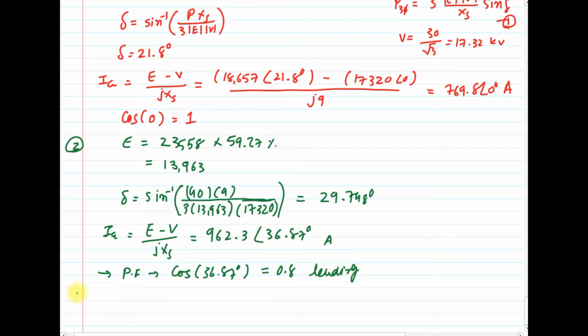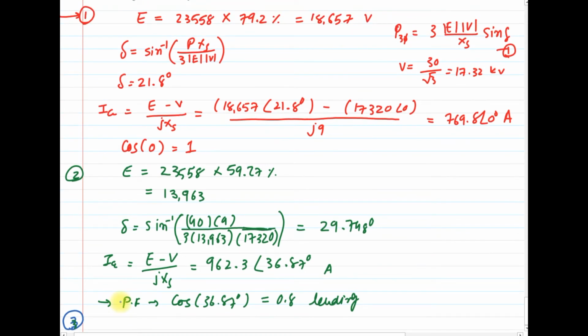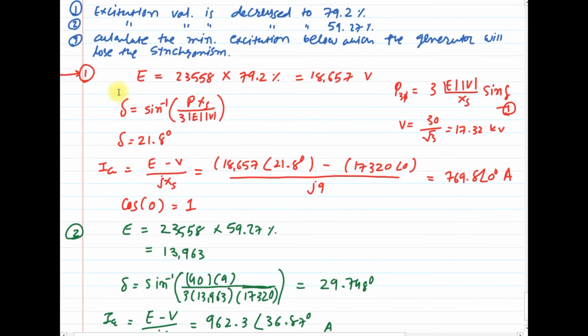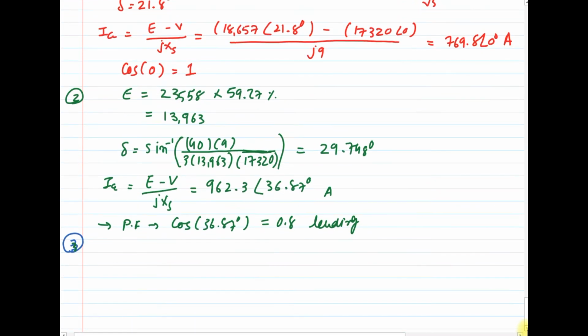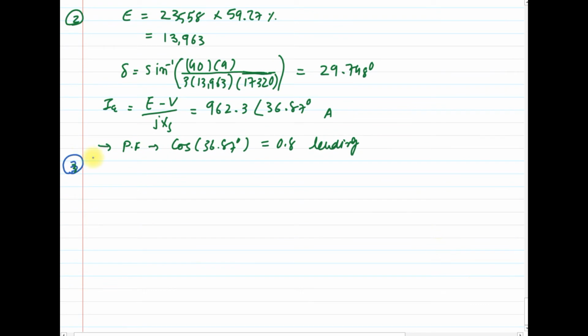Clear? Now let us calculate the case C, or third one, case 3. So we know very well the minimum excitation corresponds to, yes, the minimum excitation below which the generator will lose the synchronism. And we know very well from the theory that the generator will lose the synchronism after delta equal to 90 degree or beyond delta equal to 90 degree.